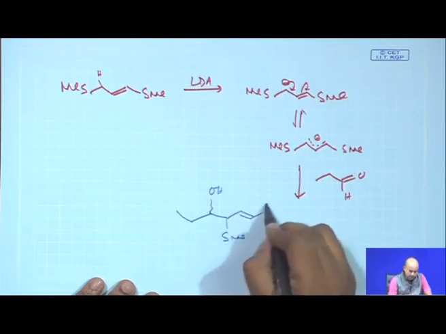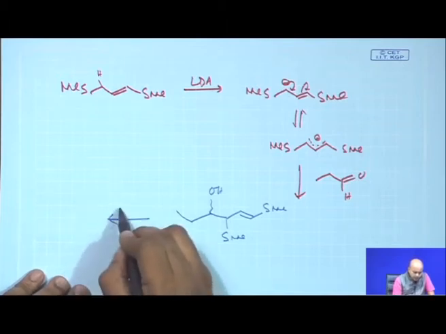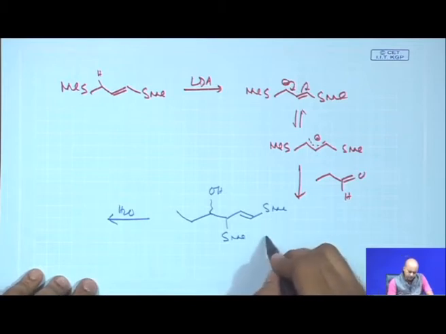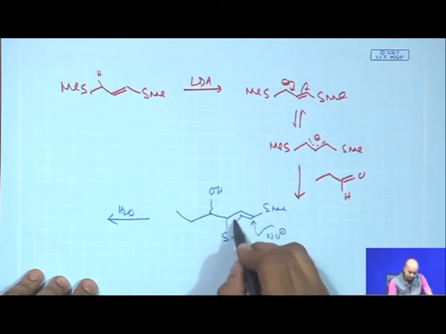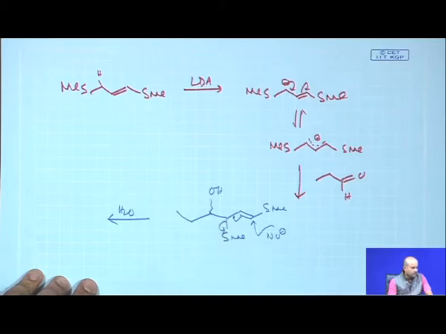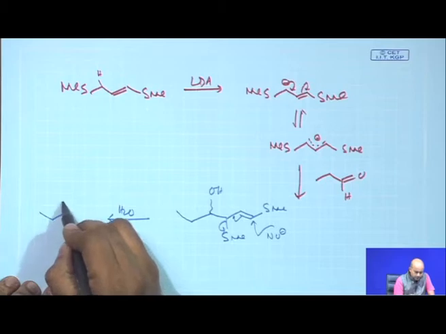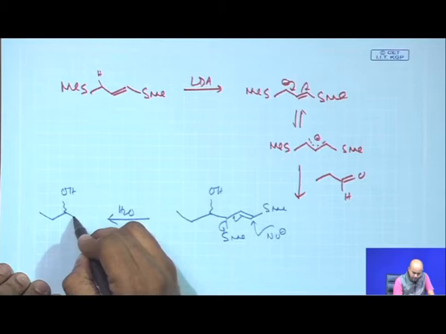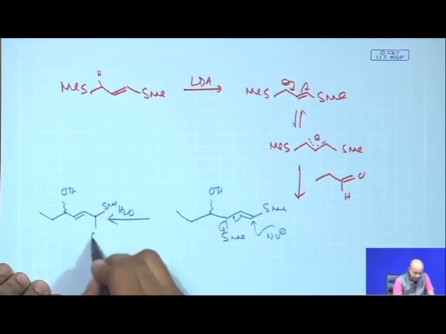and SMe. Fine. Now, eventually a water molecule was reacted here and it was found that this nucleophilic water initially attacks this vinyl sulfide, undergoing this kind of elimination, and then after this elimination you basically get this SMe and OH.